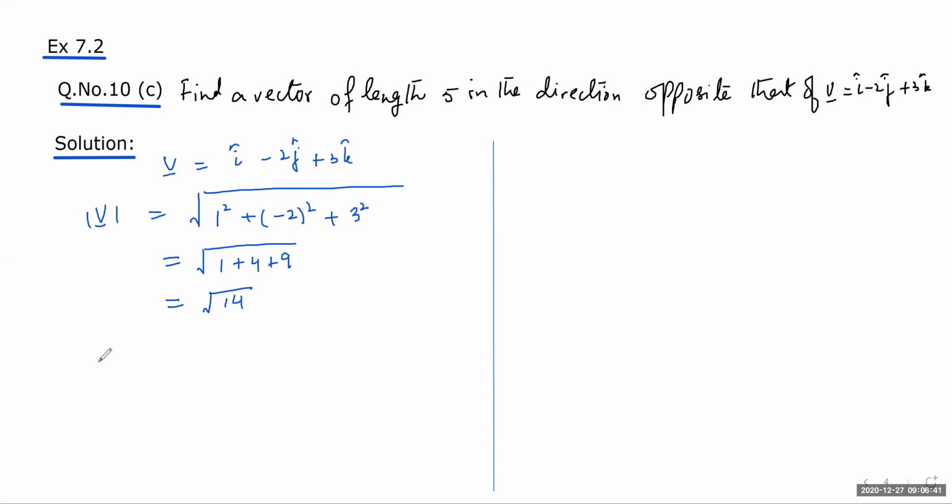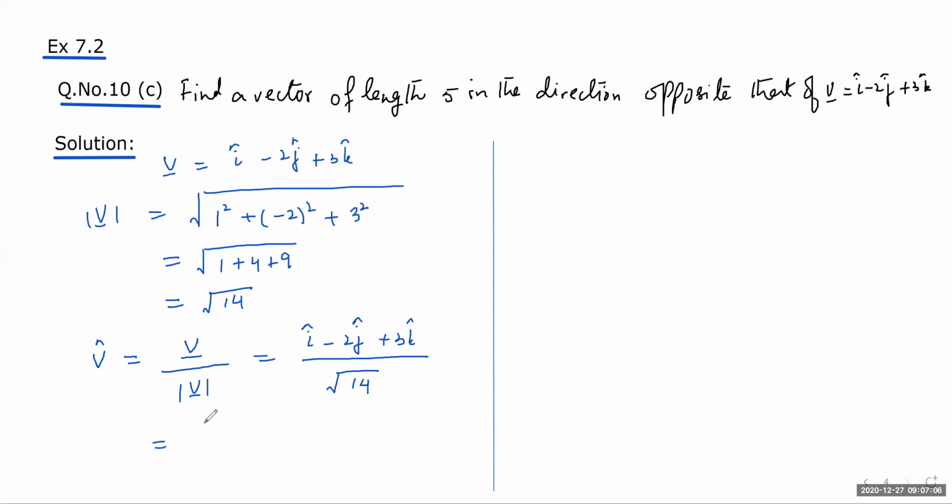And now, a unit vector along vector V will be equal to the vector V divided by its magnitude. So I get the vector V, i minus 2j plus 3k, whole divided by square root of 14.